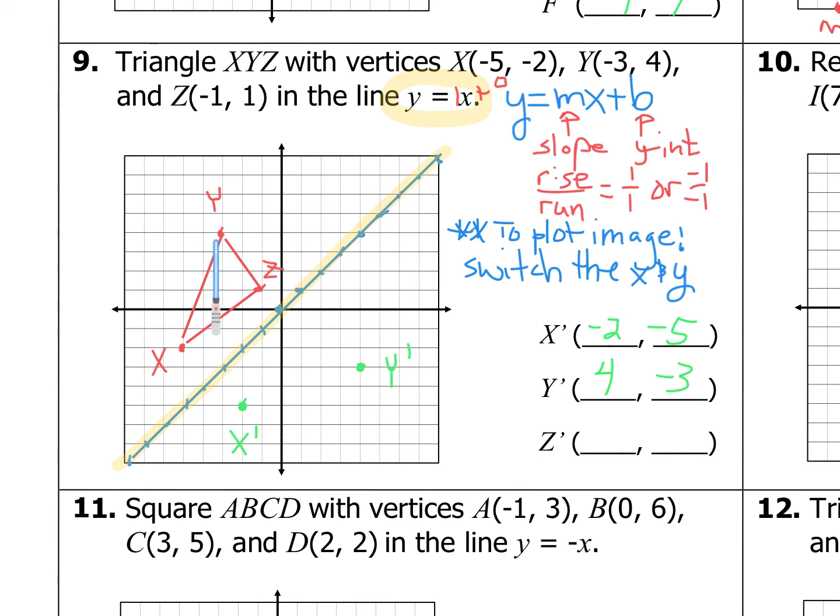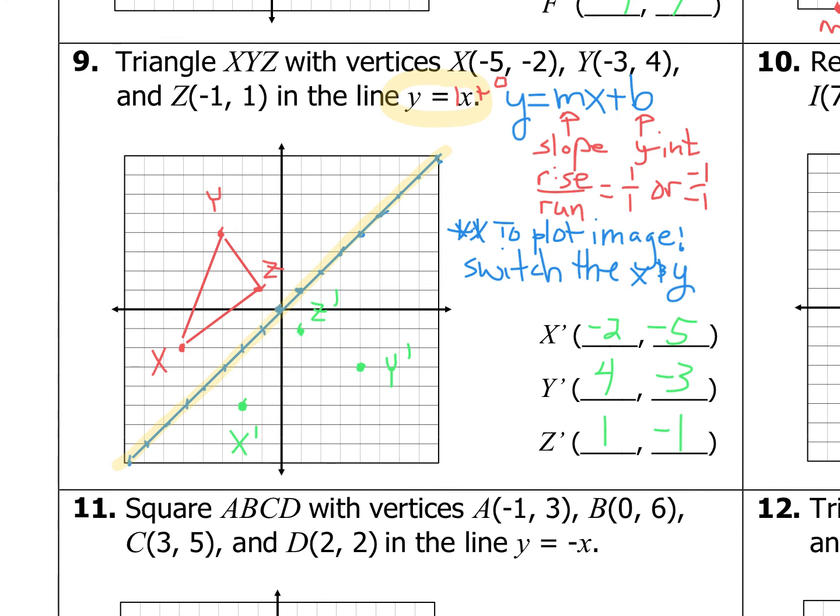As you can see, that appears to be equal distances away. And then for our z, we're going to flip-flop these. So my x value becomes 1 and my y value will be -1. So I'm going to go from the origin to the right 1 and down 1 and title that z prime. And as you can see, those are definitely equal distances away.